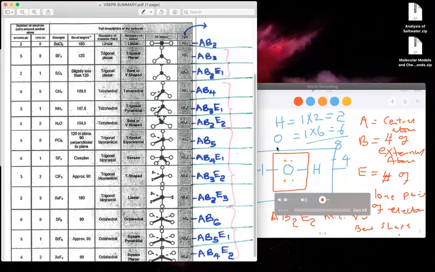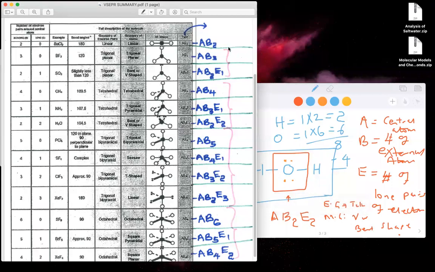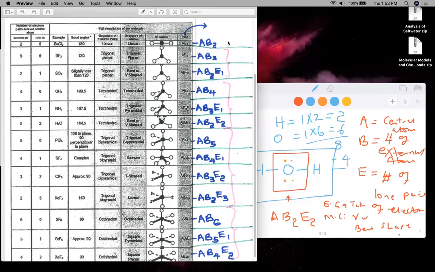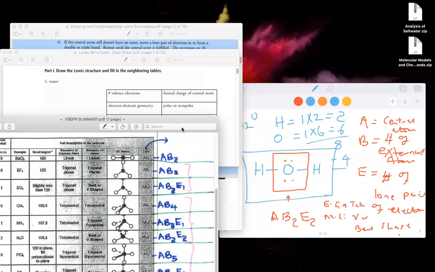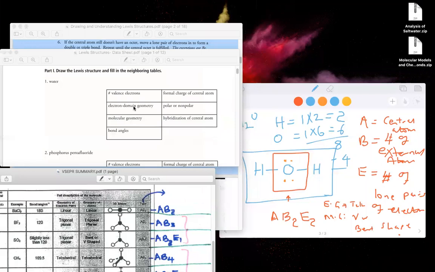Once you derive your Lewis structure, it's going to give you the configuration on the central atom, in order to complete the molecular geometry and the electron domain geometry. So you write down the electron domain geometry and molecular geometry using the handout.